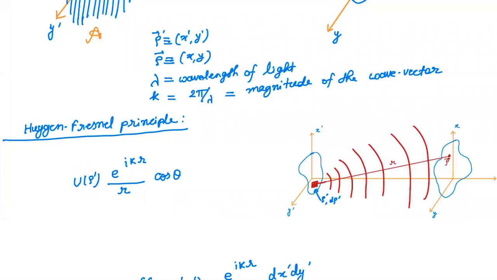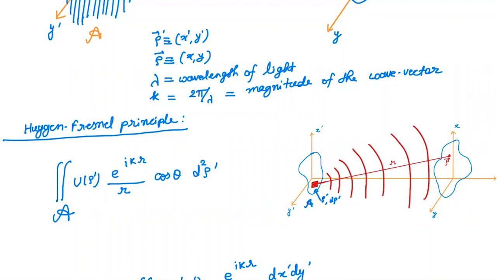Now if we have a source of some size with area given by this, then what is the contribution at rho? You take the tiny area element, d2 rho prime, and integrate over the whole area. Let's call this A, the whole area.